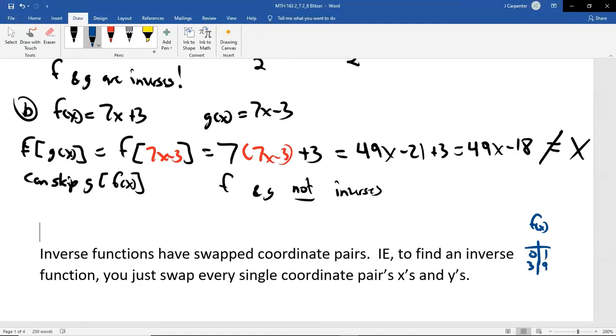The inverse of f of x would just be 1, 0, and 9, 3. You literally just change the x and y pairs. You swap them. Don't overthink it. That is the entire concept of inverse functions. It swaps x and y's as coordinates or as variables, or it swaps up and down with left and right as a graph, because up and down is y and left and right is x.